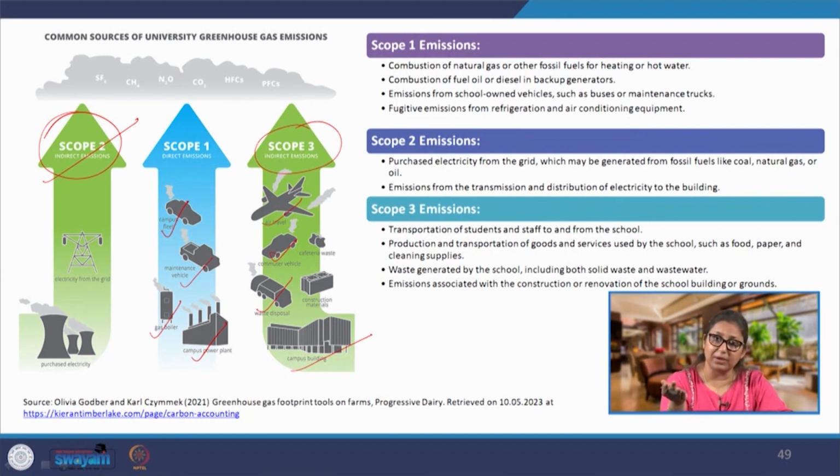So, what can we do about it? How can we reduce that? If we make our buildings thermally comfortable without requiring mechanical systems for maintaining comfort, passively cooled or heated depending upon the climate that we are in, we will be able to reduce the requirement of electricity itself and thereby reduce the scope 2 indirect emissions.